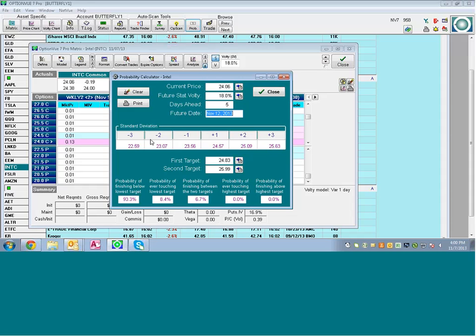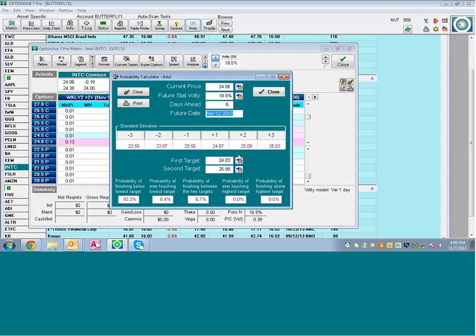A second standard deviation move between now and next Tuesday with the statistical volatility at 18% is going to show us 23 to 25 as our potential range that Intel is going to be in.